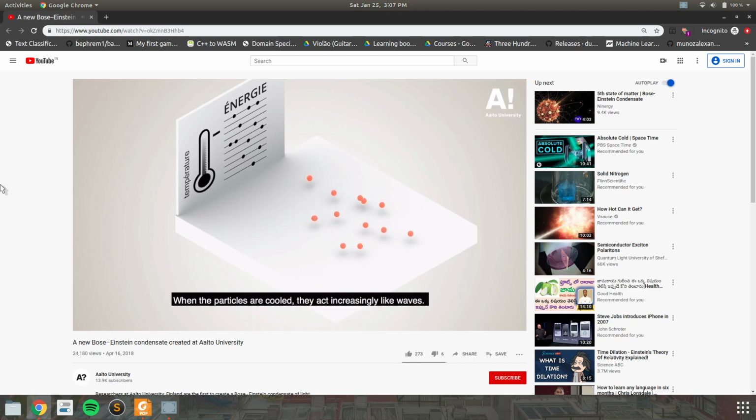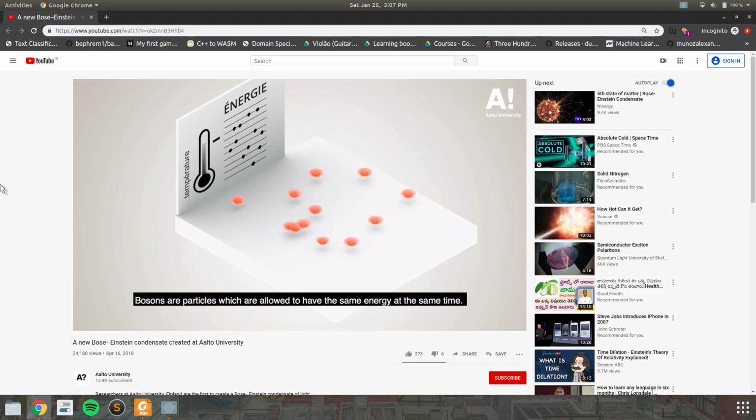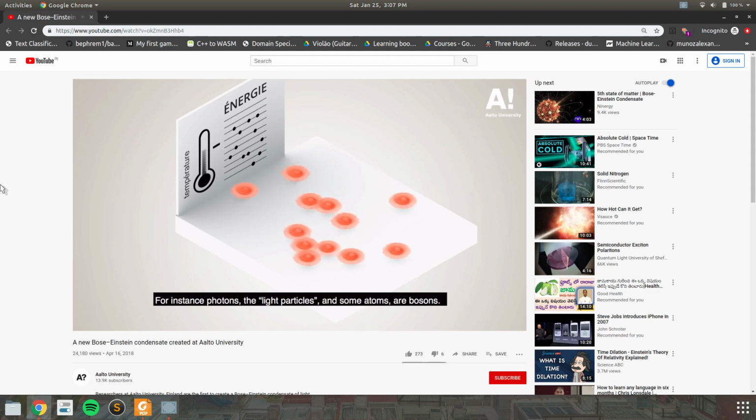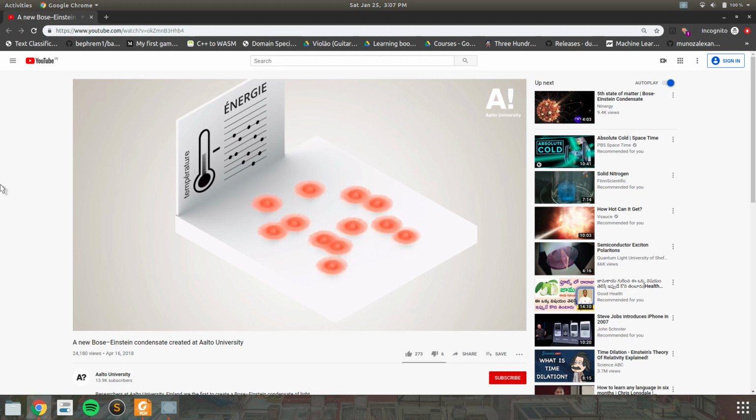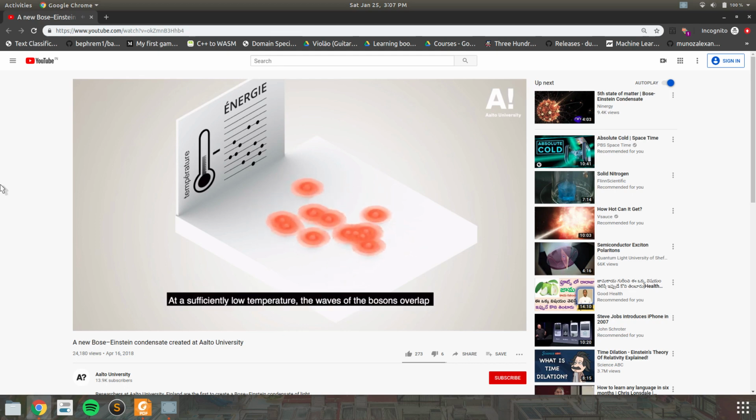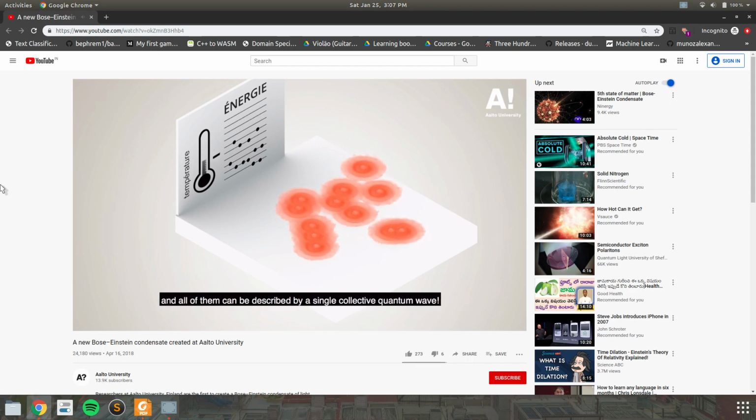When the particles are cooled, they act like waves, and they slow down and the energy decreases. So these bosons are particles reduced to have the same energy at the same time. For example, photons. We can see at sufficiently low temperature, the waves of the bosons overlap, and all of them can be described by a single collective quantum wave.